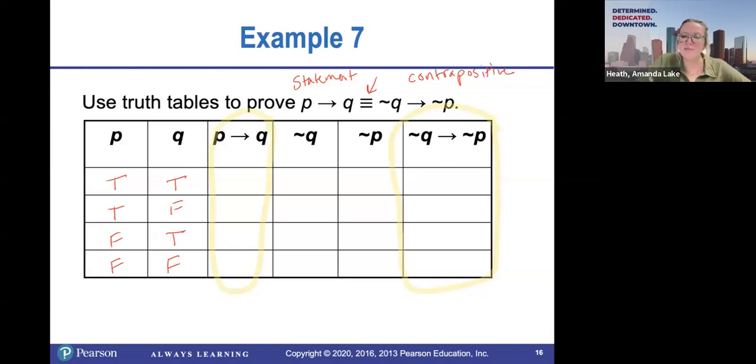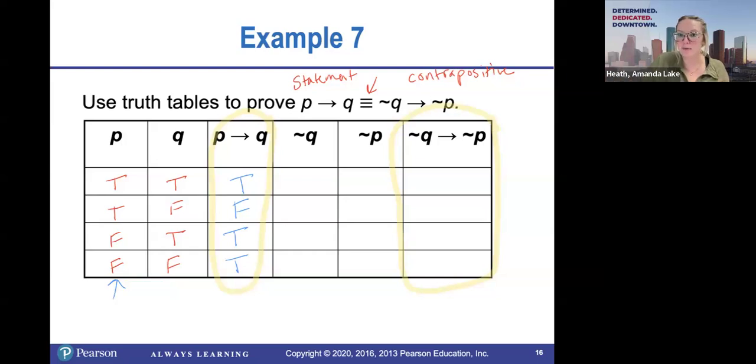So P implies Q. We know that it is going to be true if P is true and Q is true. If P is true and Q is false, then that implication is false. And then the last 2 are vacuously true because we don't really know what's happening if that case is false.